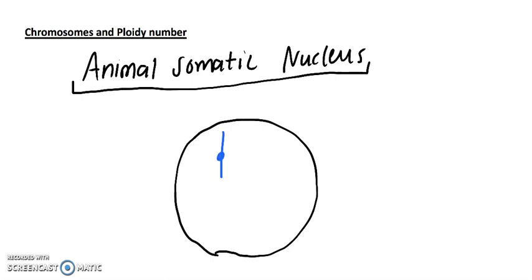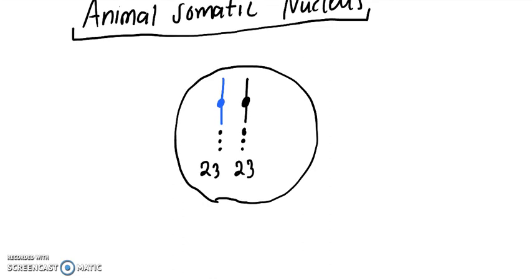So let's say this is a piece of DNA. It has its homolog, and there are actually 23 of these guys, and there are also 23 of these guys. If you put those together, this gives me 46 chromosomes.